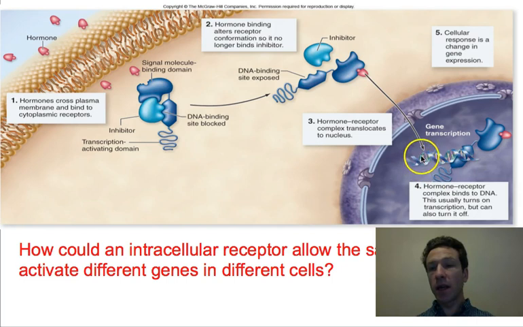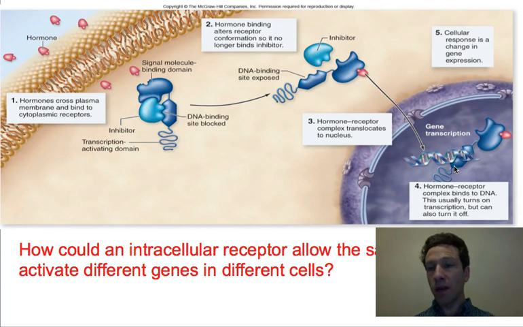Remember that our DNA is located in the nucleus, and the DNA contains the information to make proteins that will then be made back out in the cytoplasm. However, for the DNA to make proteins, and we'll talk about the details of this later in the semester, some enzymes inside the nucleus have to be turned on, and they have to be alerted to exactly which genes to make proteins from in the DNA.